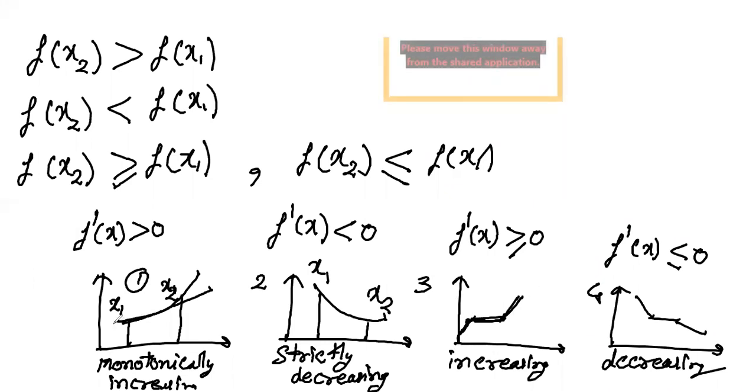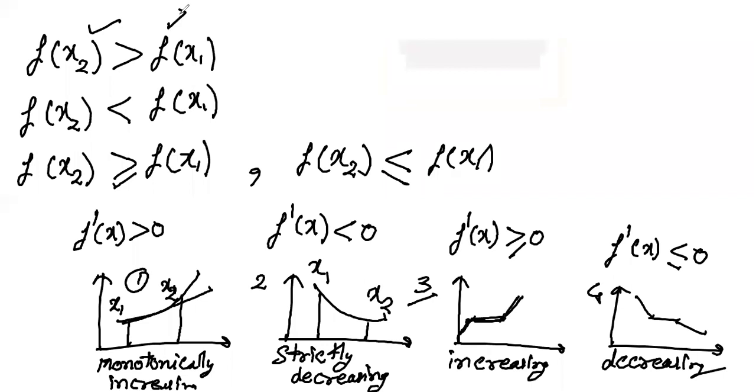So when a function is constantly increasing, it is called monotonically increasing. The third one has some stable point. So the first one is strictly increasing and the third one is only increasing. So f of x2, the value of the function at x2, must be more than the value at x1. This is strictly increasing.